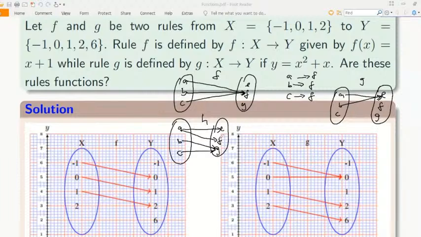A has been assigned to two elements. Suppose this was set A and this was set B. Let me explain that, or let me stop. We are mapping from B to A. So that therefore means that H, which assigns elements of B to those of A, is not a function, because element A has two images.